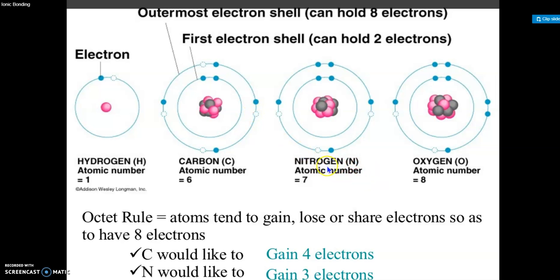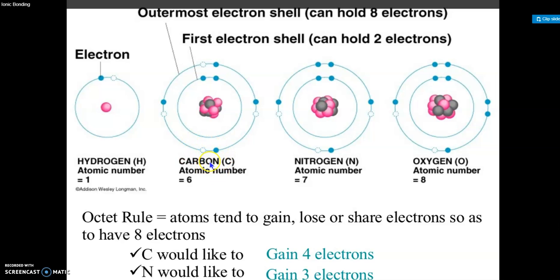Nitrogen's atomic number is equal to 7 and the valence shell has 1, 2, 3, 4, 5 electrons. In oxygen, the atomic number is equal to 8 and the valence shell has 6 electrons: 1, 2, 3, 4, 5, 6.